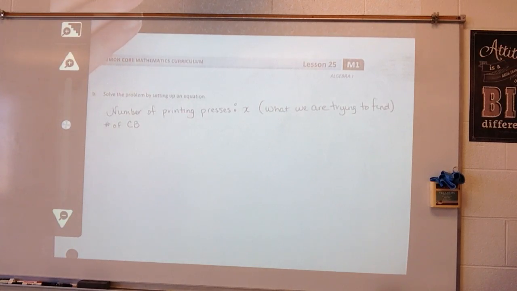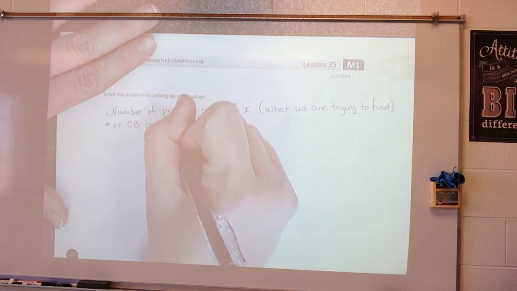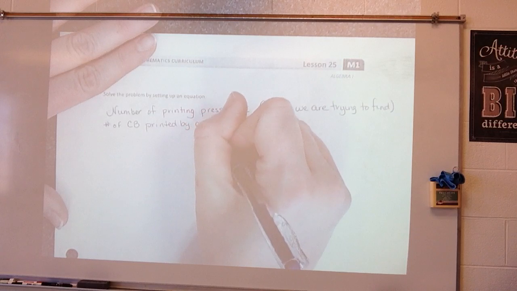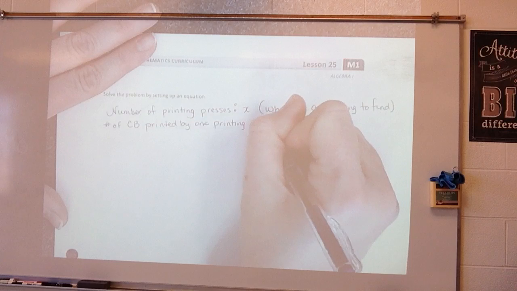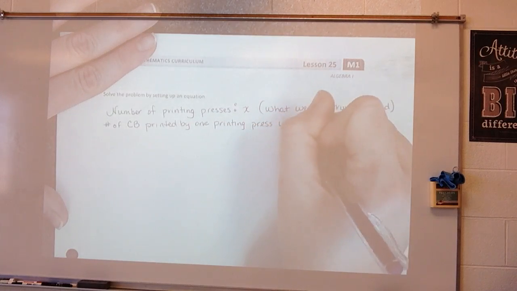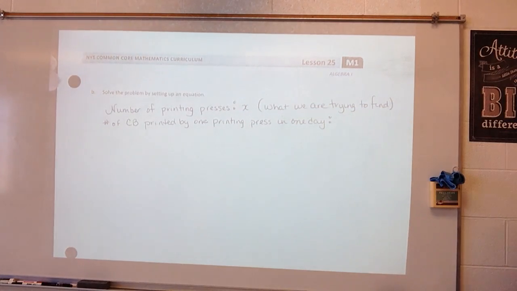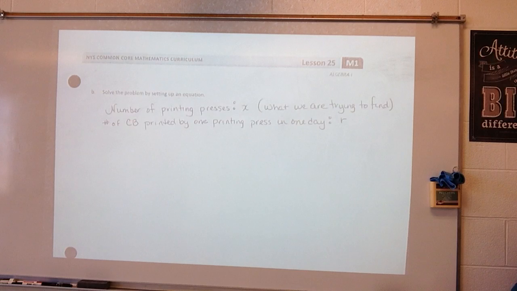So the number of copies of cookbooks printed by one printing press in one day, we're just going to let R represent that. This is the number of cookbooks that are printed by one printing press in one day.